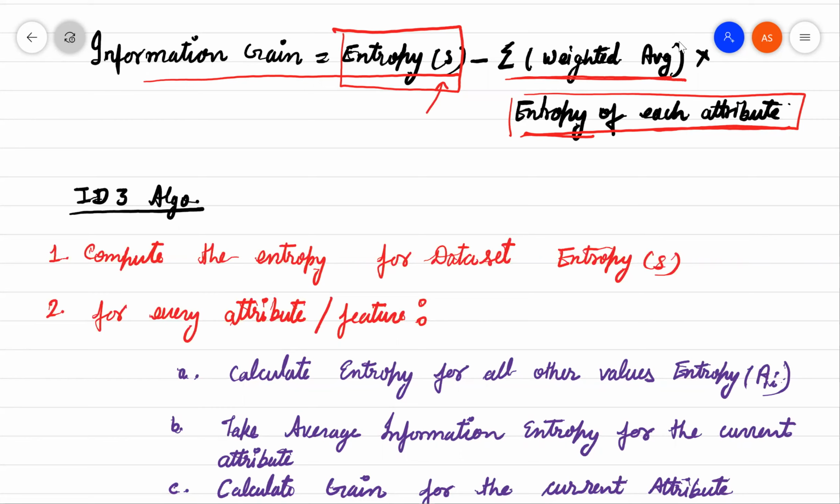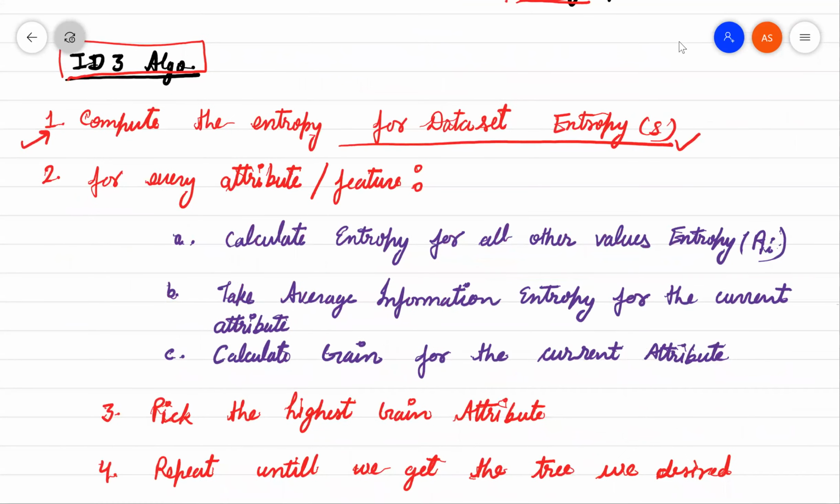Now the ID3 algorithm talks about this concept. Number one, compute the entropy of the entire data set, that is entropy S. Then for every attribute or feature, calculate the entropy for each attribute.